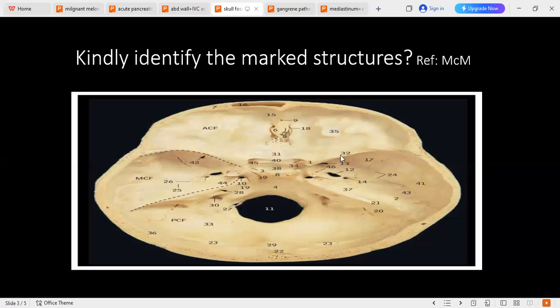Lesser wing of sphenoid bone. Yes, very good. And 13, please. 13 is the superior orbital fissure. Okay, please identify number 12. 12 is ovale. Yes. 14, please. It is foramen spinosum. 37, please. It would be tegmen tympani.